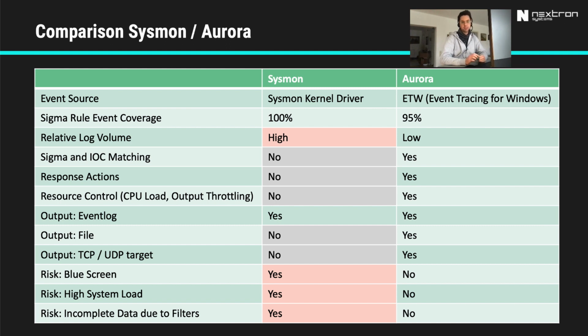We have already been in contact with Microsoft to see if we can work on these deficiencies or lack of information, and they told us that they cannot estimate the demand for these changes. So we will see. But we have also added events that are not available in Sysmon.